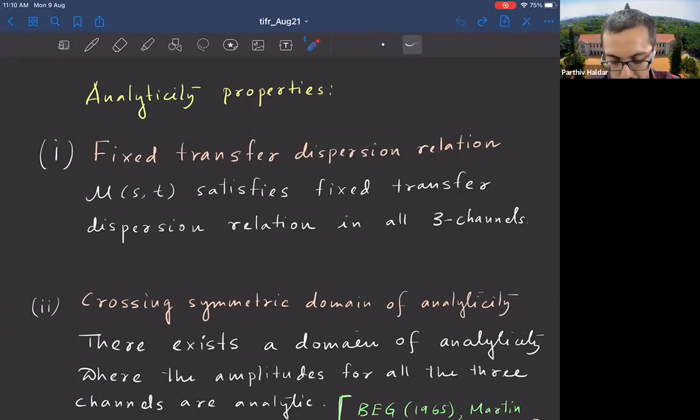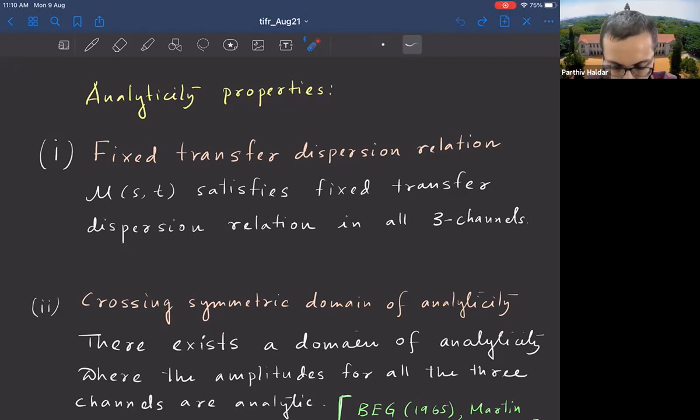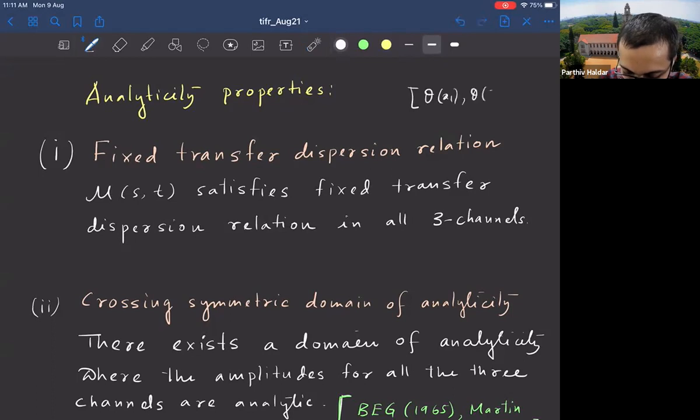So in fact, the analyticity that I am going to talk about essentially follows from causality, in what is known in the literature as microcausality, which is essentially that at space-like separated points, fields commute.